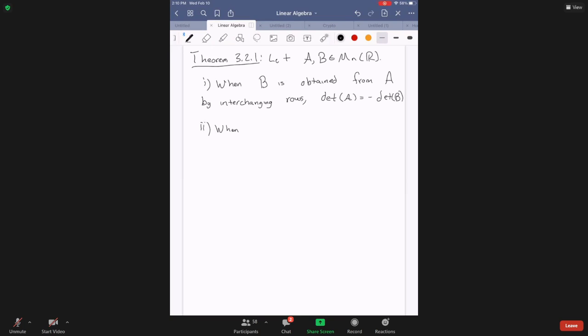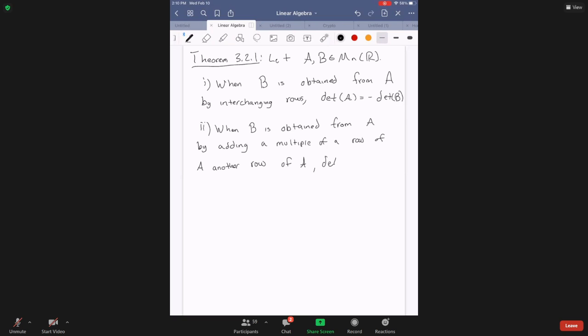When B is obtained from A by adding a multiple of a row of A to another row of A. So if you just add multiples like that, that elementary operation, basically the determinant does not change.